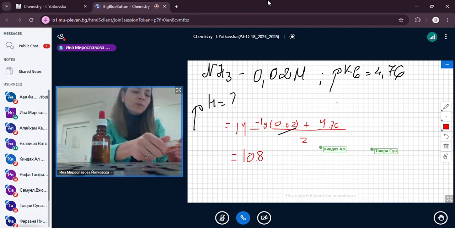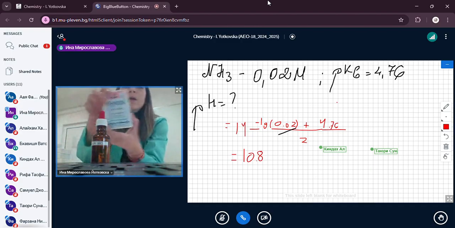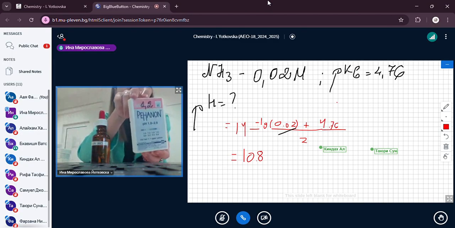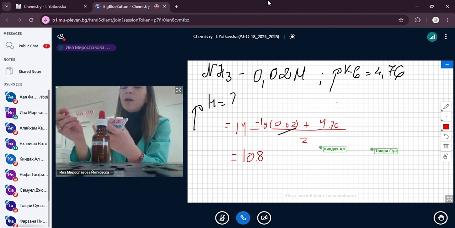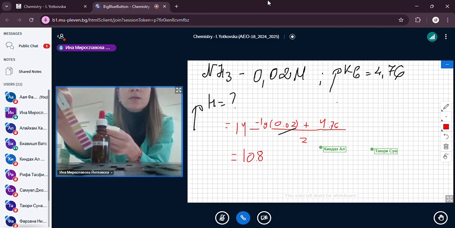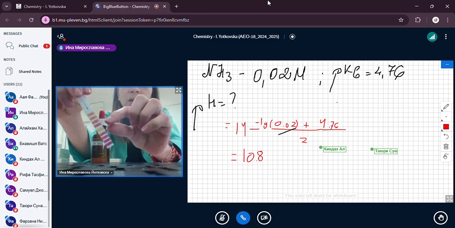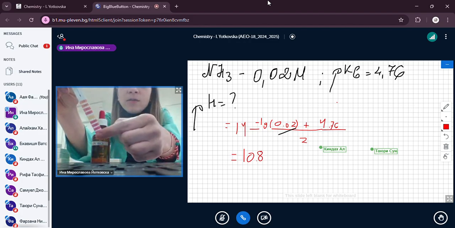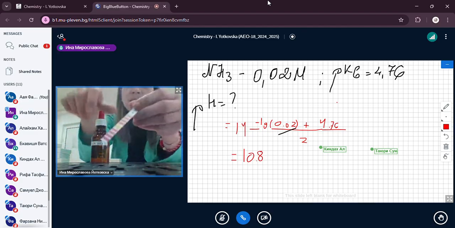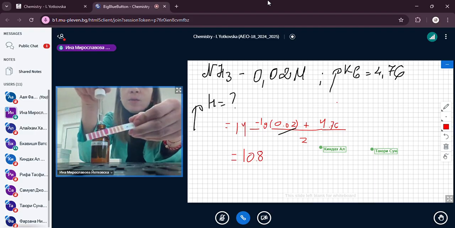Let's see what we'll obtain when we use a precise litmus indicator. This one, you can see, measures from 1 until 2.8. In the middle I have one area with color but without a written value on it. This is the area in which I will put my solution for measuring.